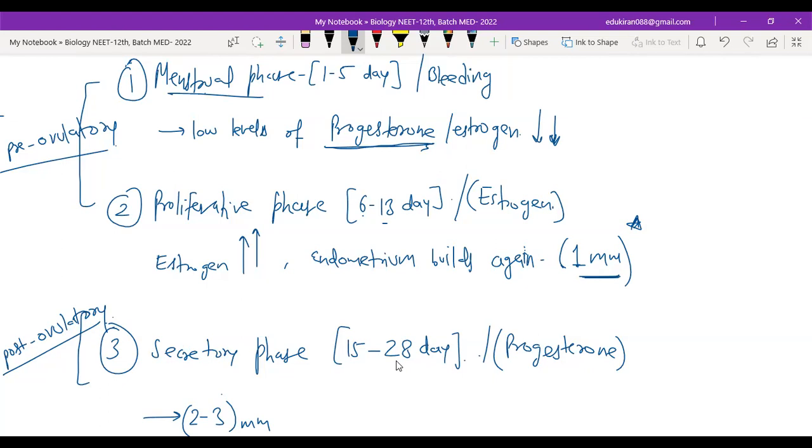Increased production of progesterone happens from the corpus luteum in the ovary. Is it clear? Okay.